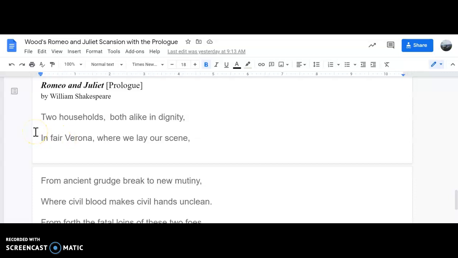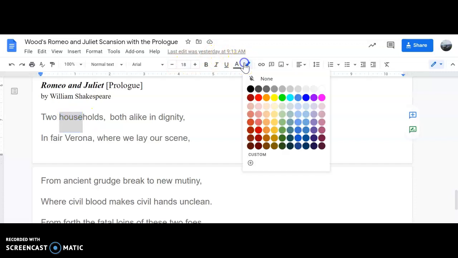So it goes through that rhythm and it goes based on the syllables. So households is 2 syllables, so it's going to be 2 different stresses. Okay, so unstressed, stressed, oops, stressed, unstressed.